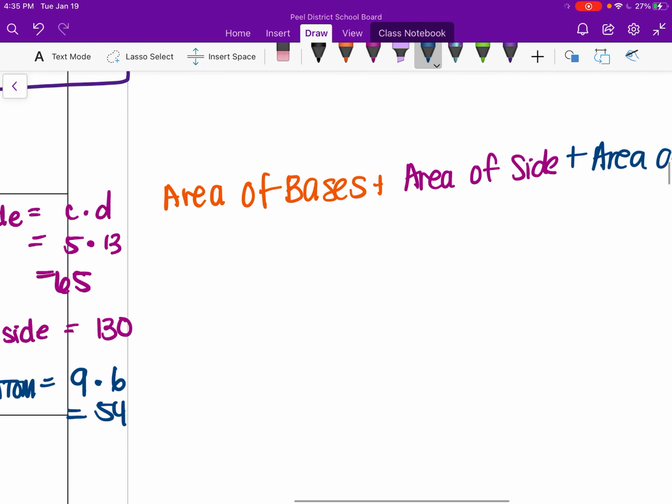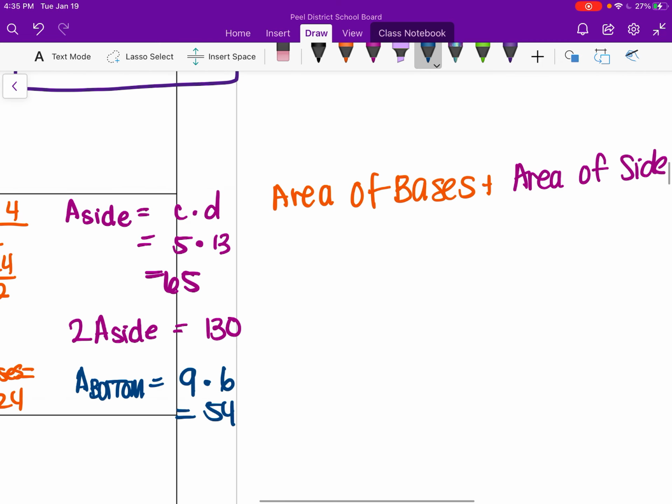So I'm going to take those numbers and say, all right, I have 24. So surface area equals 24 plus 130 plus 54.